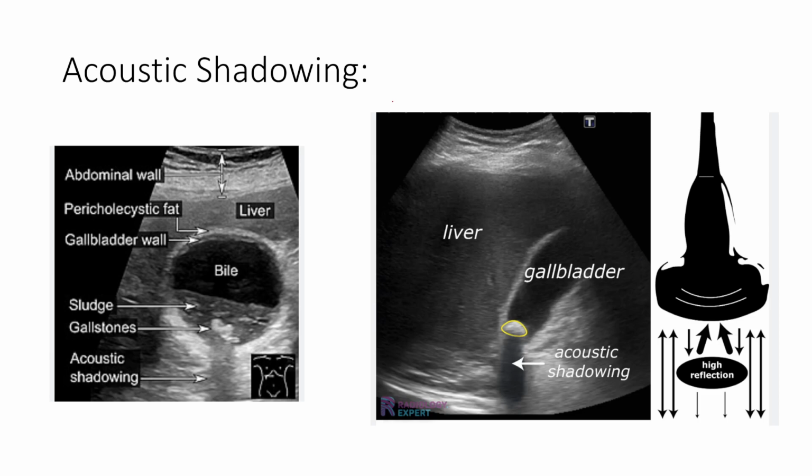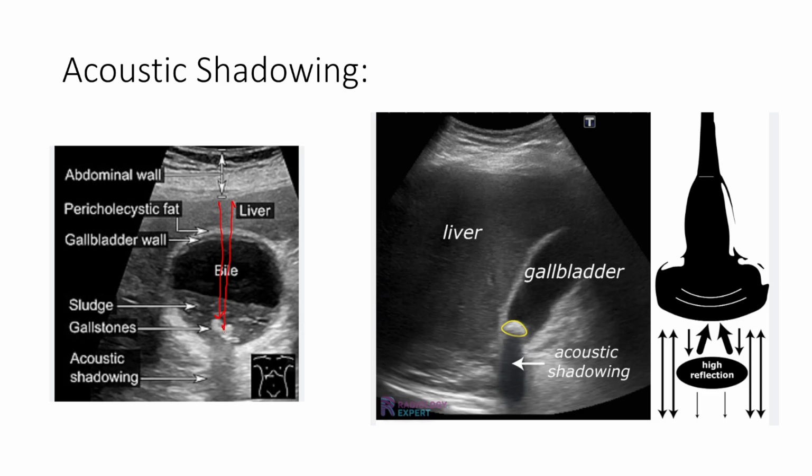The next is acoustic shadowing. In acoustic shadowing, whenever there is a strongly attenuating substance or strongly reflecting surface like bone, gallstones, gallbladder sludge, bowel gas, or lung, these will not allow the ultrasound beam to pass through.